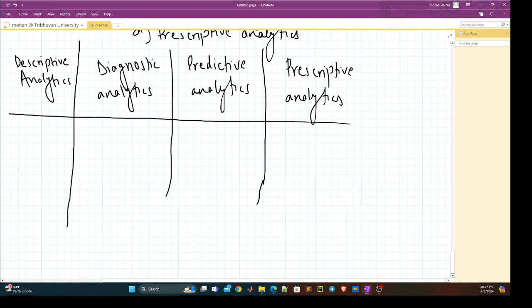And we are going to see some of the examples in descriptive analytics. As we have previously said, here it will fall such as data queries, and the second one is reports.